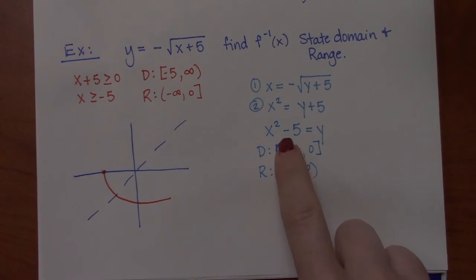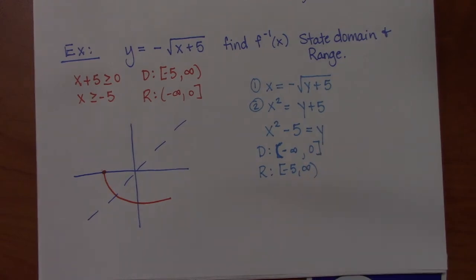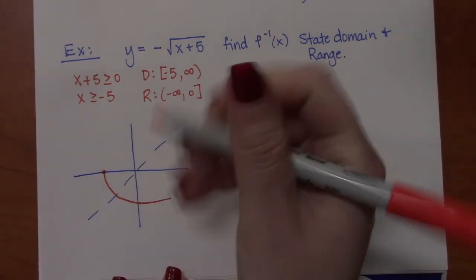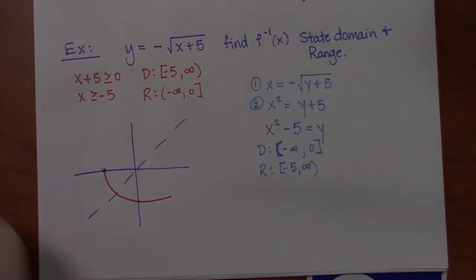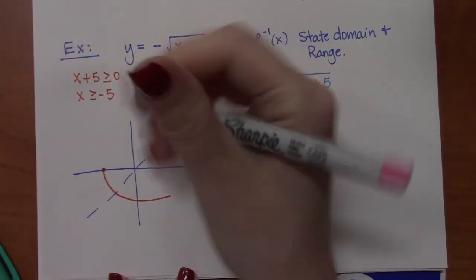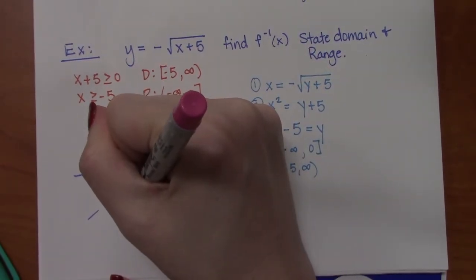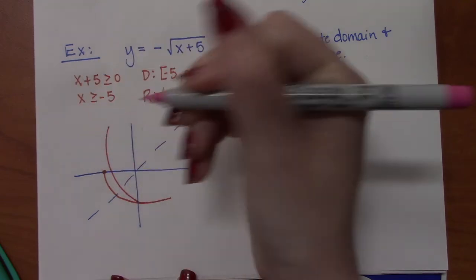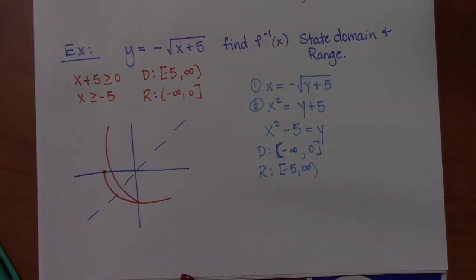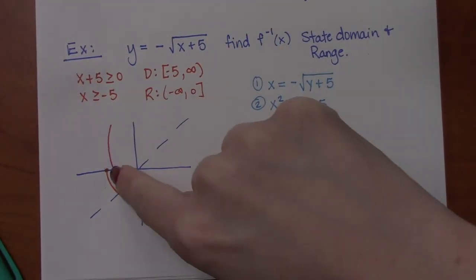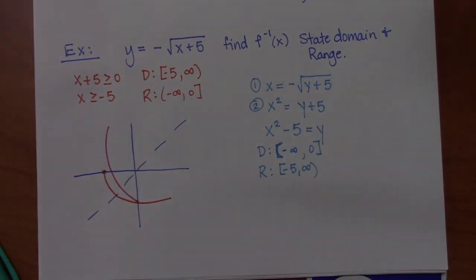This is a parabola that opens up and is shifted down 5 places, but we restricted it to the left-hand side. And so if we plug in -5, we should get 0, so it should touch here, a different color. So this should look something like this. Yeah, okay. Yeah, I know it looks funky, but when you flip it over this guy, it's going to push that point there, and then this is going to come back here.